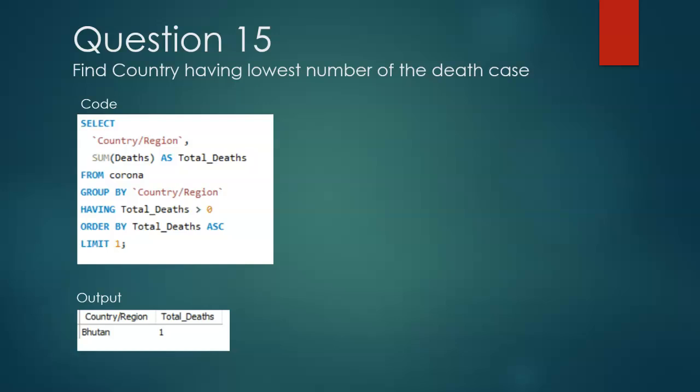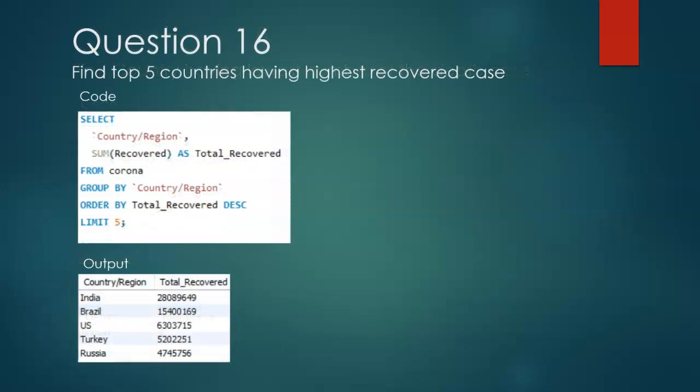Here, we need to group by country and region so that we can sort it and find the lowest value possible, and then set it according to the country region. Now, for the top 5 countries having the highest recovered cases, the country region is again set as a priority, and then the total recovered cases are counted, and according to that we have used the group by function for the country and region.